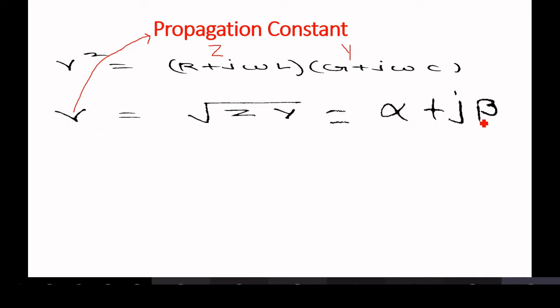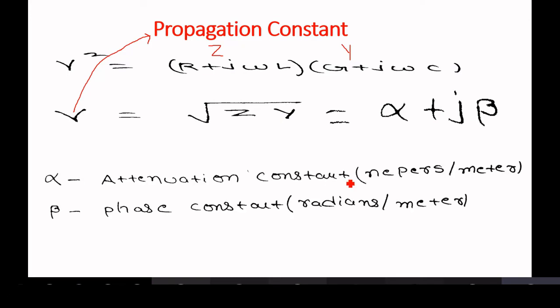We can express gamma as alpha plus j beta, similar to what we have expressed before. What is alpha? Alpha is nothing but the attenuation constant, and beta is called the phase constant.